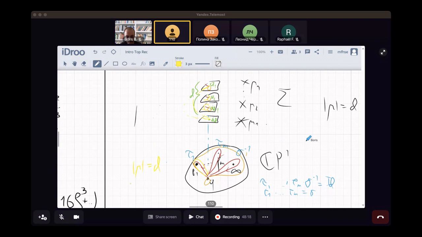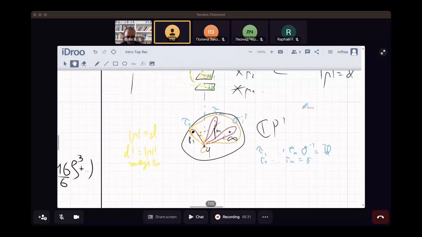So d factorial equals size of mu factorial ways to label. In the geometric picture, the sheets are unlabeled. Yes, in the geometric picture, of course, they are unlabeled. How would they be labeled? Not all the labelings are equivalent, right?